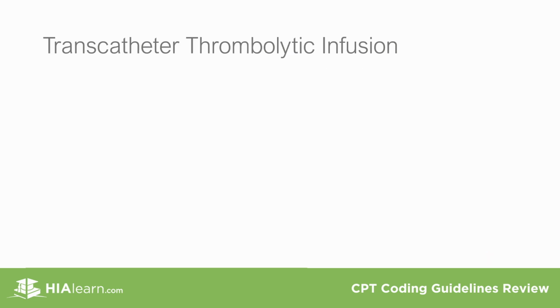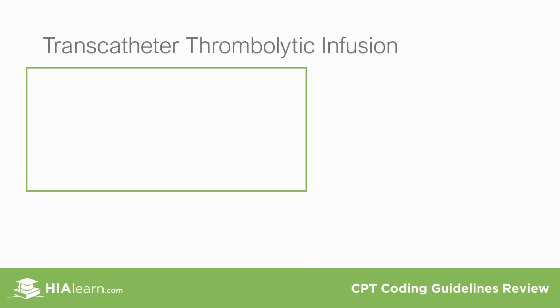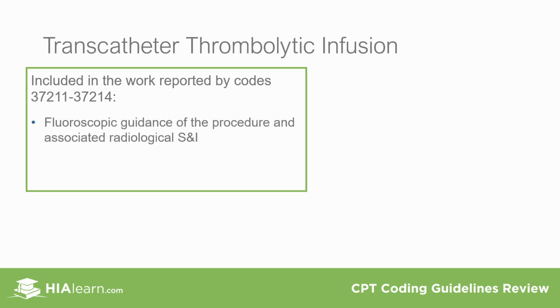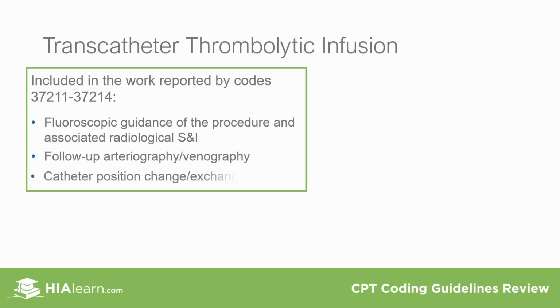Transcatheter thrombolytic infusion is reported with codes 37211 to 37214. These codes include fluoroscopic guidance and associated radiological supervision and interpretation, follow-up arteriography or venography, and any repositioning or exchange of catheter.